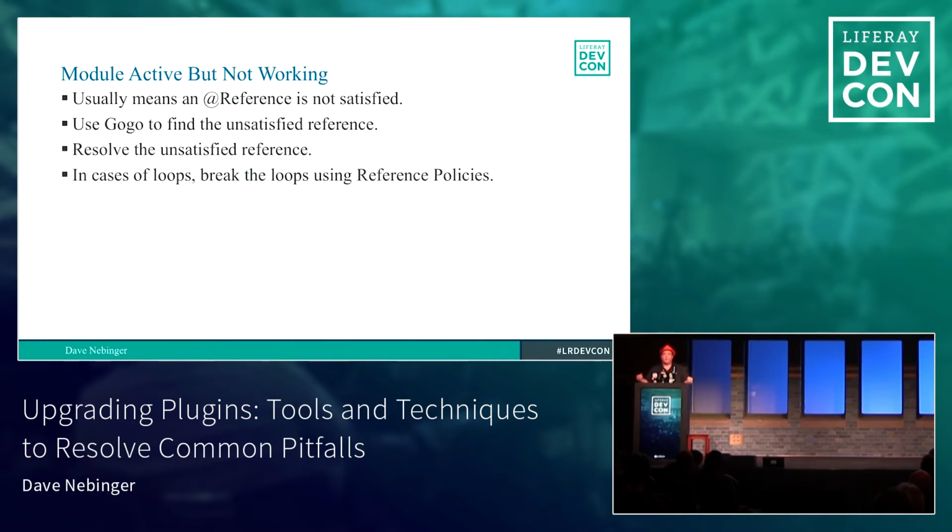So you get around this by using the reference policy of optional on one side. That means that your use of foo in bar is optional. You would like to have it, but it's not mandatory in order to start. That way bar will start. And since bar is now available, foo will get the injection. It can start. And once it starts, then bar will be injected with foo.